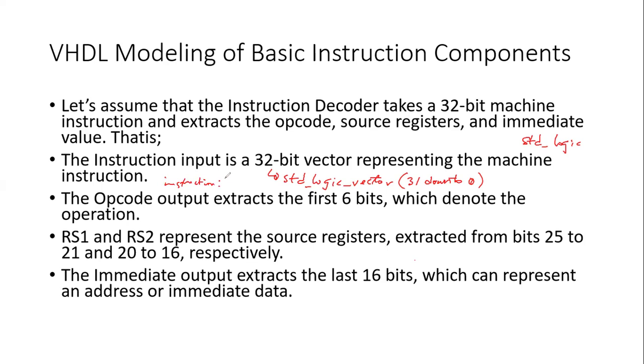We'll call it input, then std_logic_vector 31 down to 0, because it is a 32-bit vector. Is that clear?